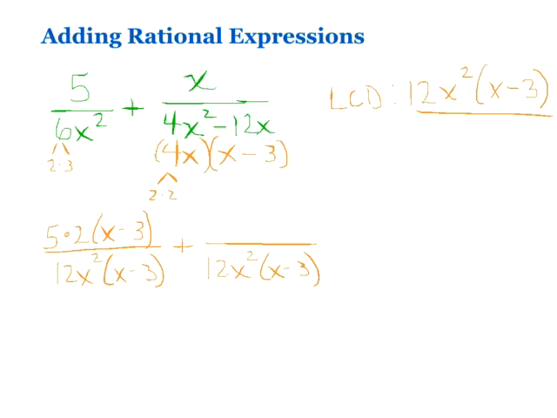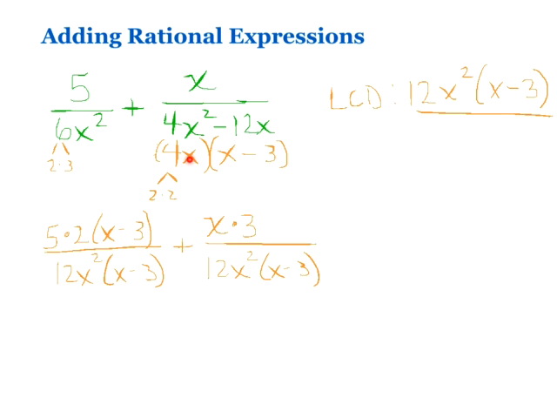Okay, then I do the same thing with my second fraction. I have a 4 here. I need to end up with a 12. I already started with the x, and so 4 times what gives me 12, that's going to be a 3. And then I look at my x's. I have an x here in the original, but I have an x squared in the denominator that I want.